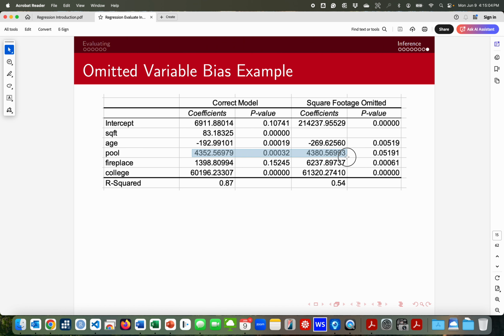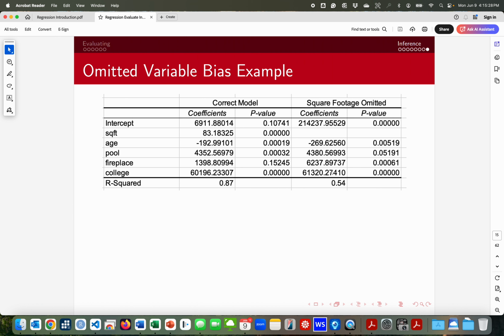There are some smaller homes with a pool, some larger homes with a pool, but there's no real strong correlation between house size and whether or not the home has a pool. But there could be a pretty strong relationship between the size of the house and the presence of a fireplace, where larger homes are more likely to have a fireplace than smaller homes, and the coefficient reflects that.